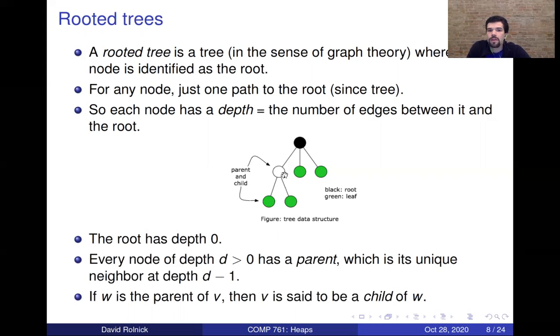Every node has exactly one parent, unless it's the root node, in which case it doesn't have any parents. If W is the parent of V, then V is said to be a child of W. So this green node, which is a leaf, is a child of the white node here. And the white node is a child of the black node. Okay. Questions about terminology?